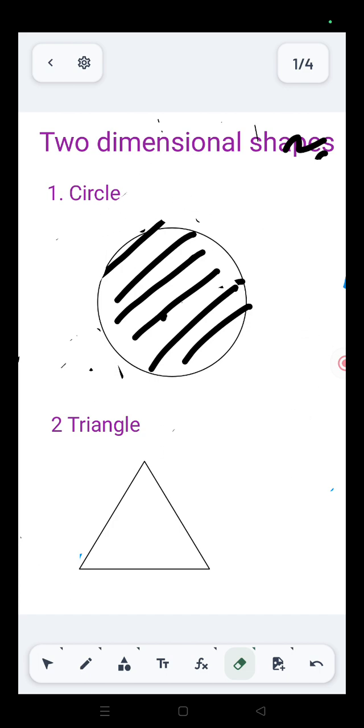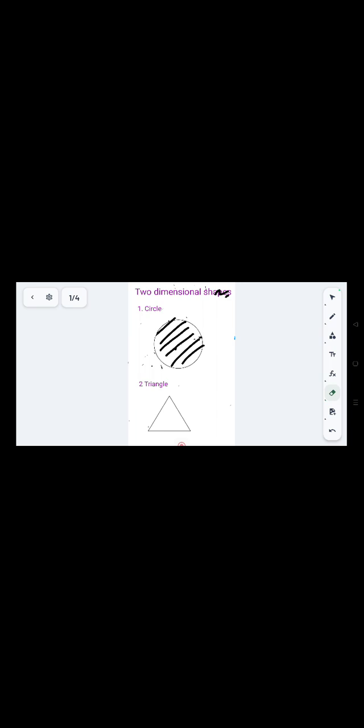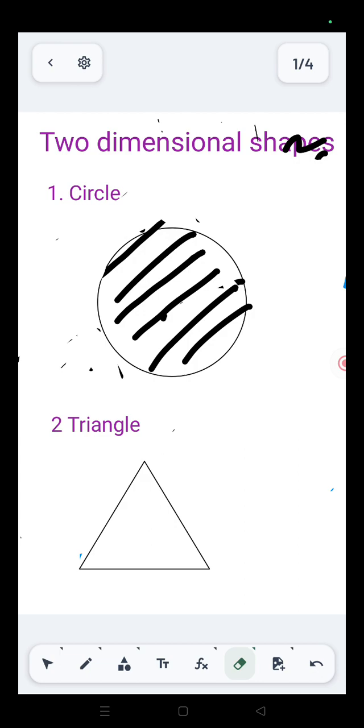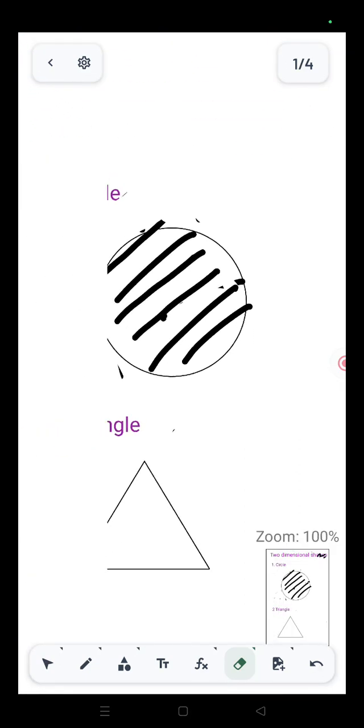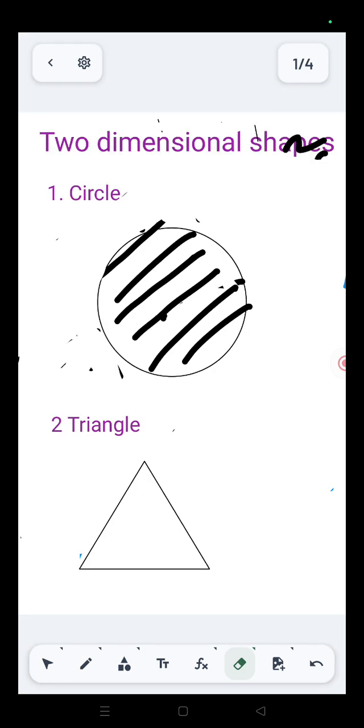There are many types of triangles, like equilateral triangle, right angle triangle, isosceles triangle. These are some different types of triangle. We will discuss the types of triangle later, in the next video.